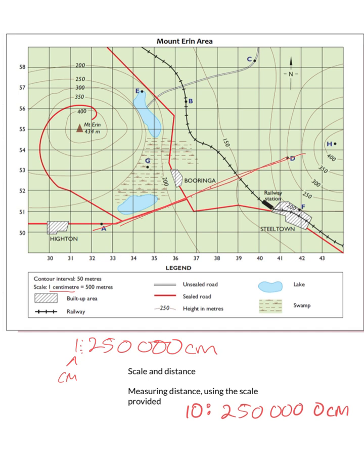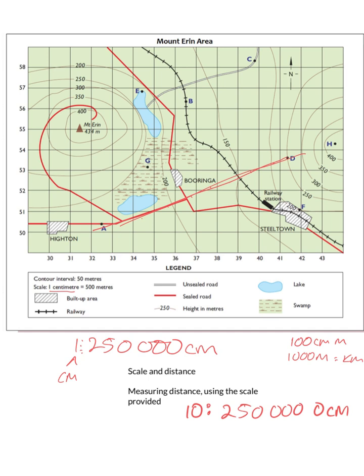Now, if we ask you to convert that into kilometers, the easiest way to do that is to figure out how many centimeters are in a kilometer. We know that there are 100 centimeters in a meter, and 1,000 meters in a kilometer.